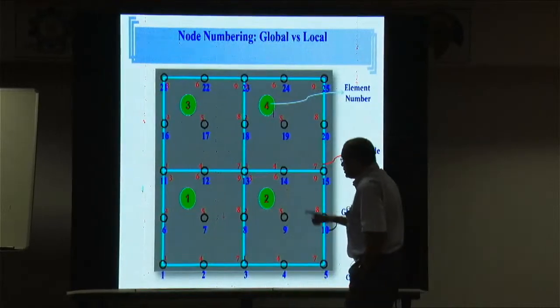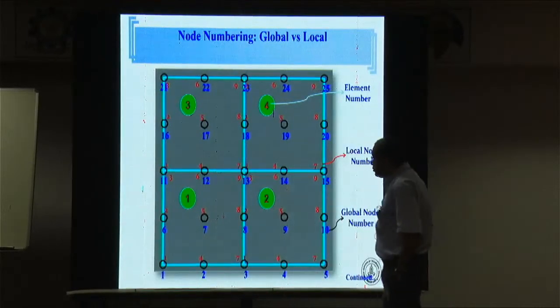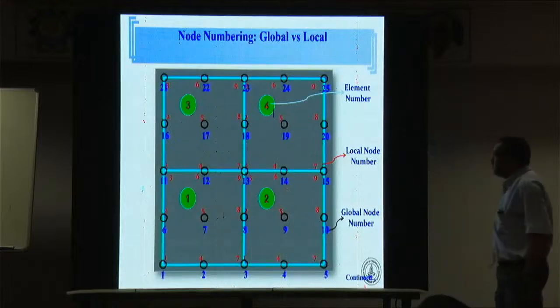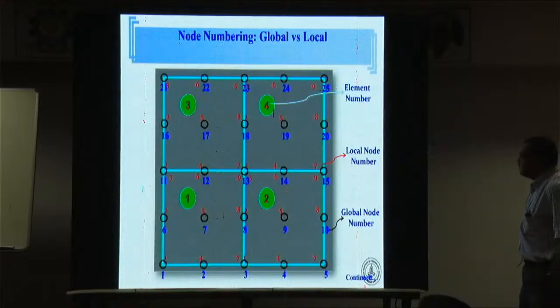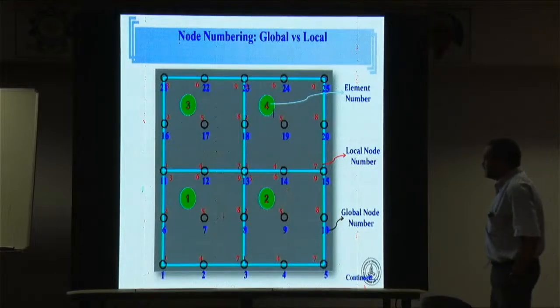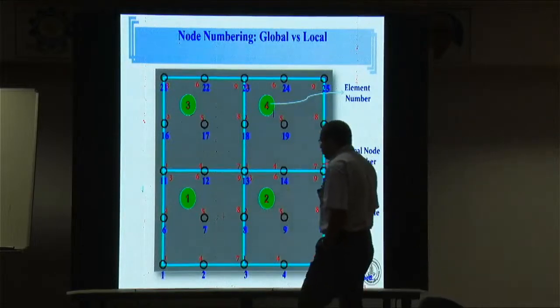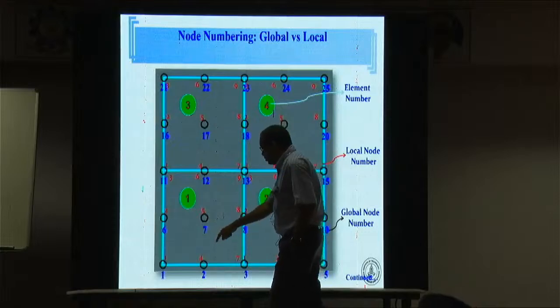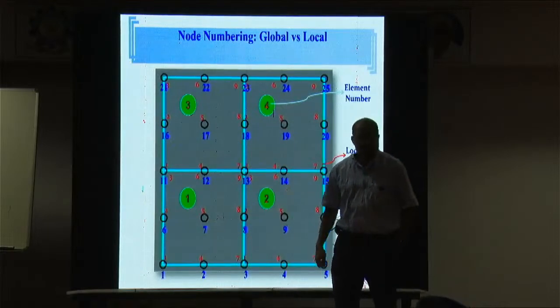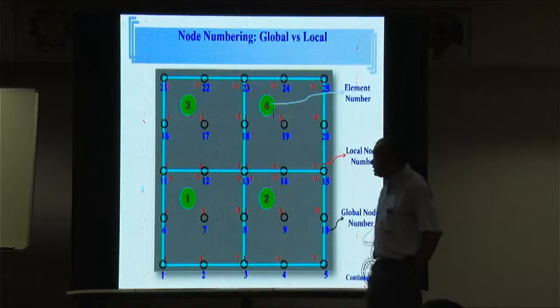Each element will have 9 local nodes, and the entire domain has 25 global node numbers. So we have 3 different numbers: the local element number, the local node number in red color, and the global node number in blue color. Next slide please.